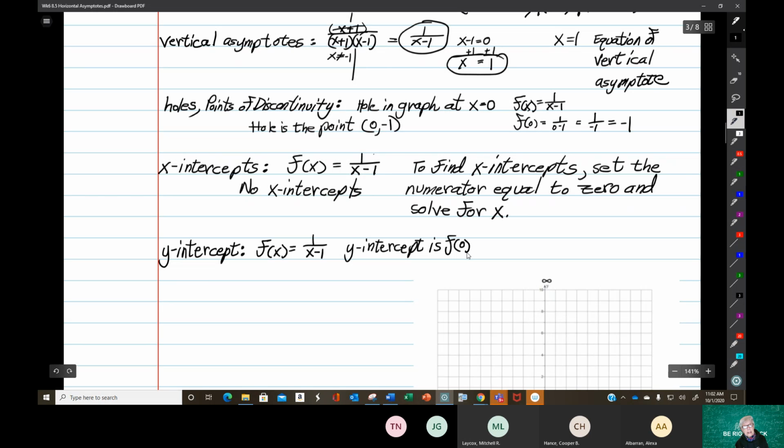And that's one of the things that's always going to be true: let your x equal 0, you get the y-intercept. So f of 0 is going to be 1 over 0 minus 1, which is 1 over -1, which is -1. But oops! Oh yeah, we can use 0. We can let x equal 0.